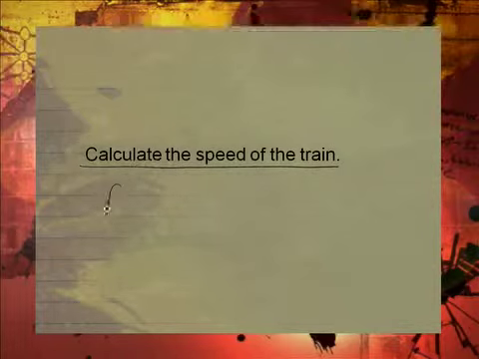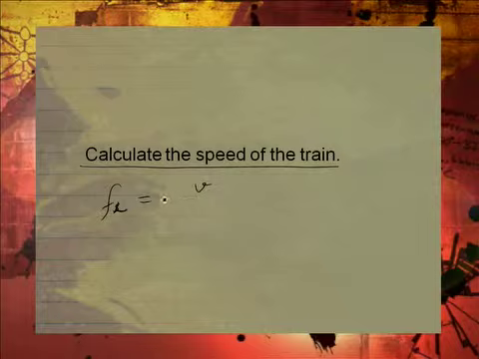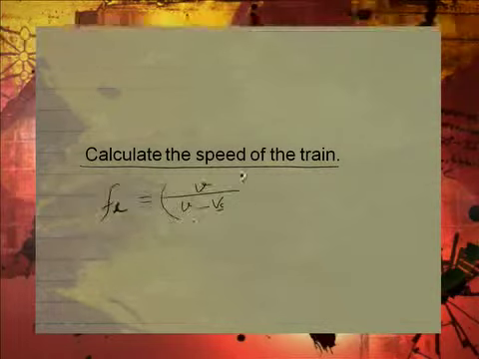Next, calculate the speed of the train. Frequency of the listener, fL, should be equal to v. It's the source that is moving, so what changes is the denominator, v. It's moving towards the listener, so we go for minus here: velocity of source, times the frequency of the source. Then I substitute into this.